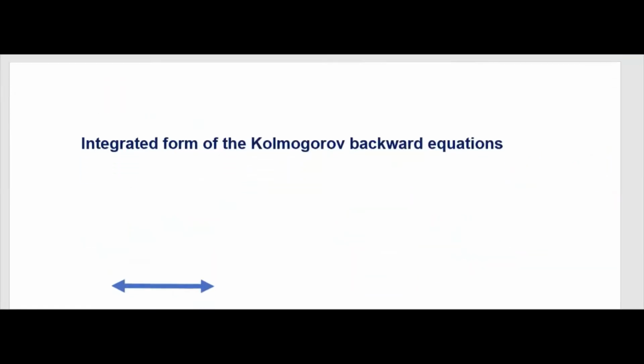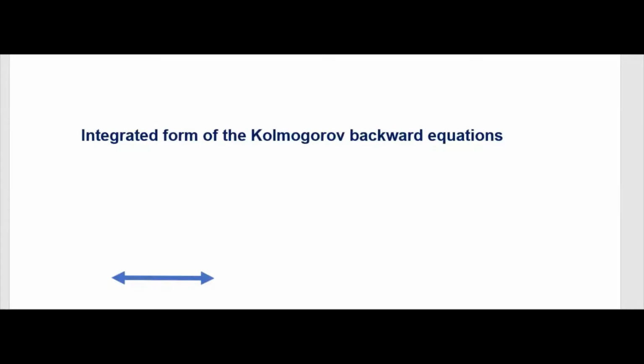So we'll start with the integrated form of Kolmogorov backward equations. For that we'll introduce new symbols here, similar ones. Let me write here time. Time starts here, suppose s, and we'll find the probability that the process will transit to j at time t, starting with I here.